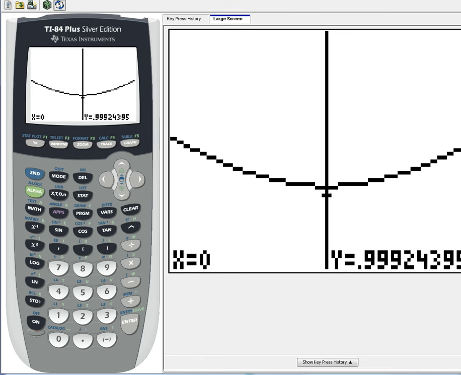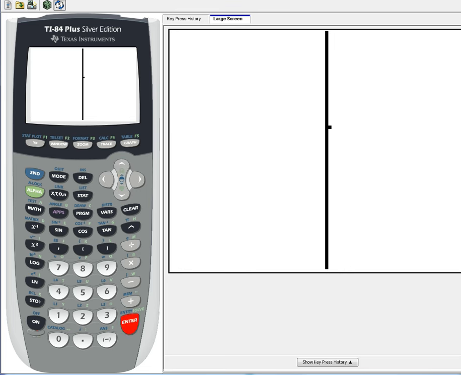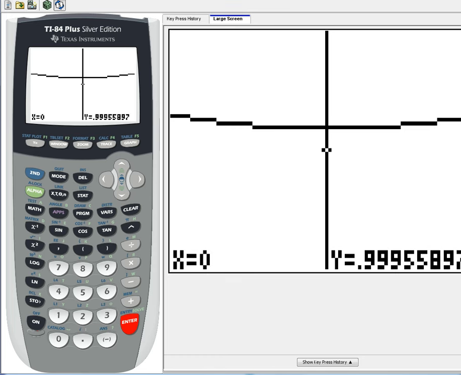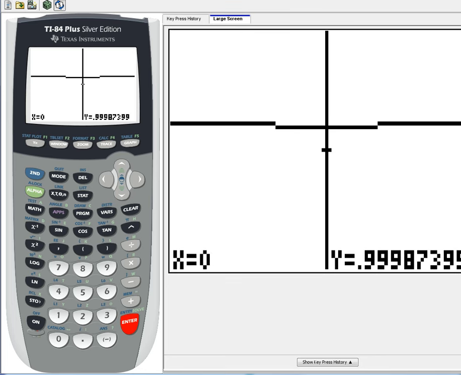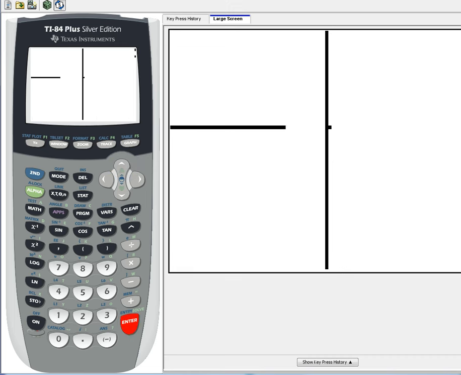Gotta readjust. Uh-oh, went too far. I readjust and press enter one more time, and now I can start seeing the line. Here it is, and this is what it means to be locally linear. It means that eventually, when I zoom in all the way, it's going to look like a line.